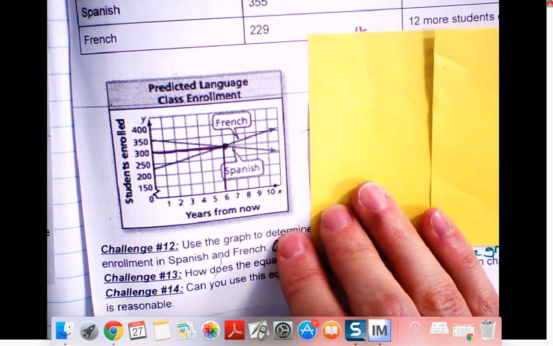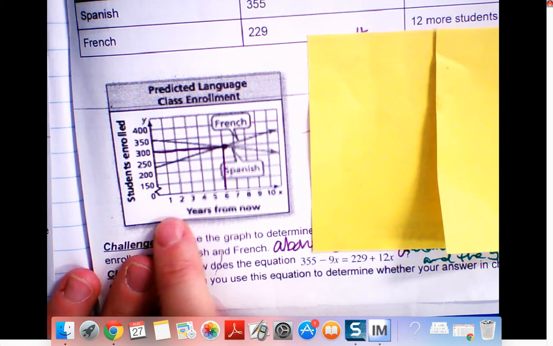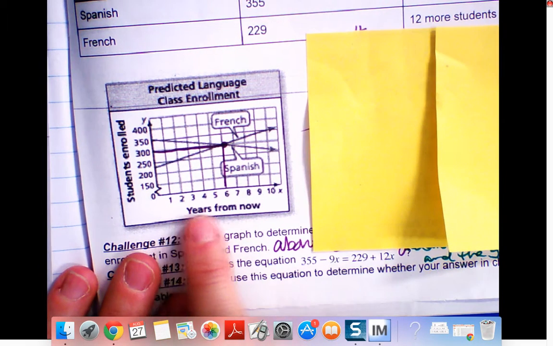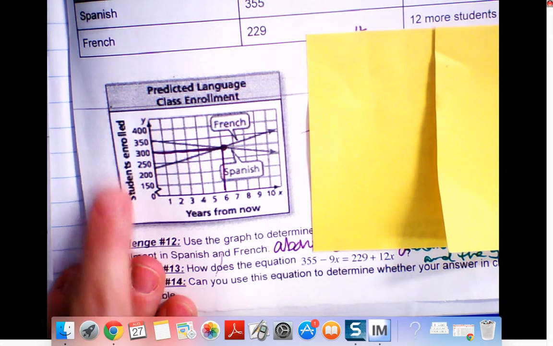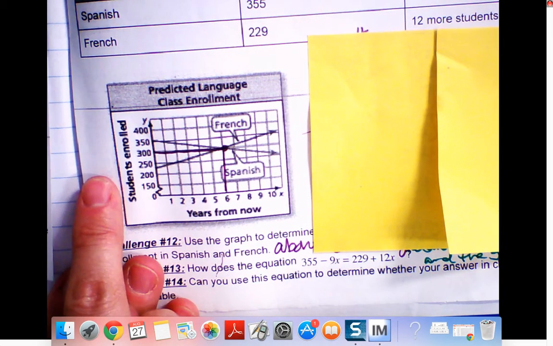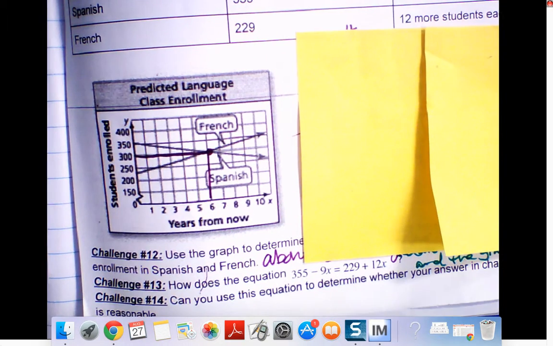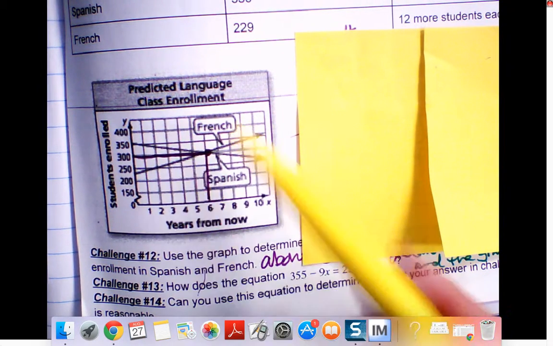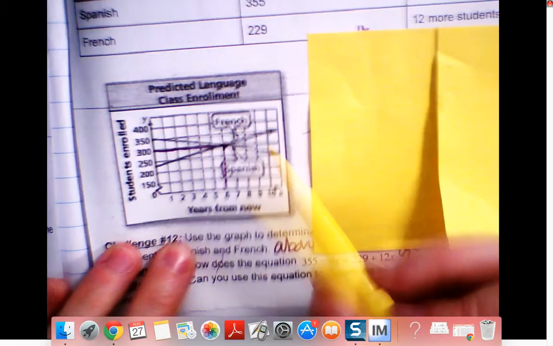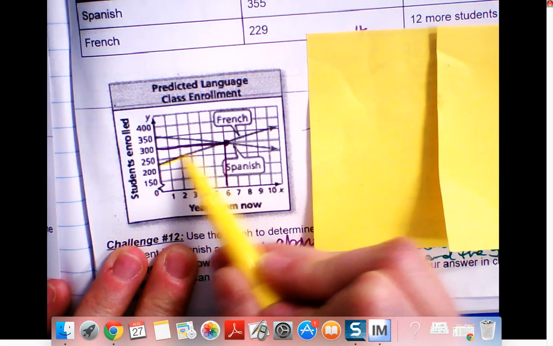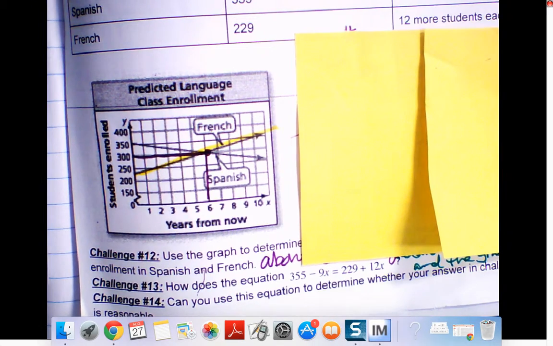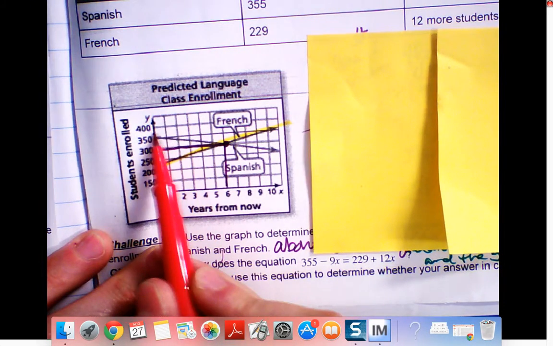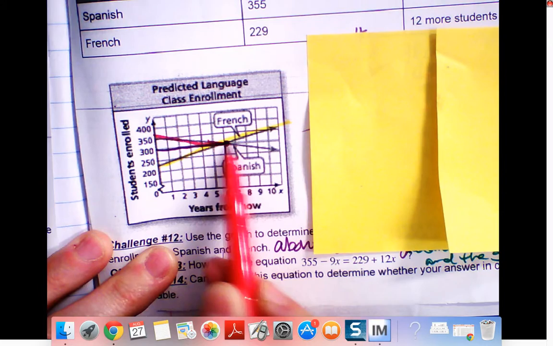Okay, so the x-axis is years from now, so that's your time. And the y-axis is the number of students enrolled. You see French is this line, and Spanish is that one.